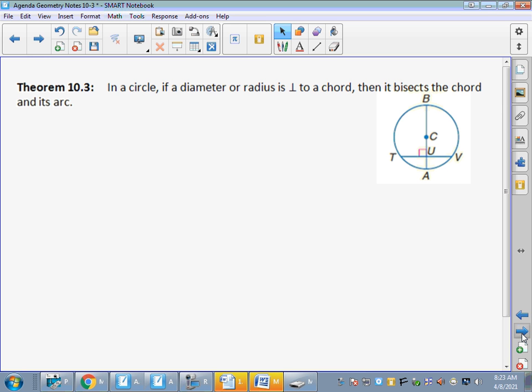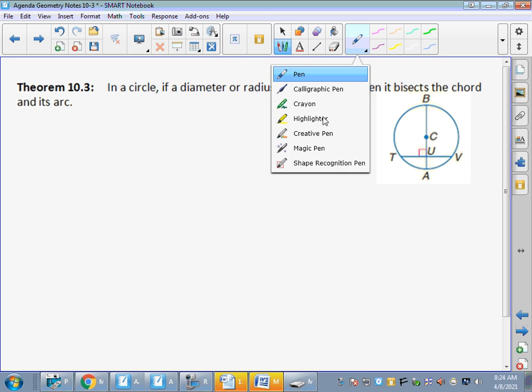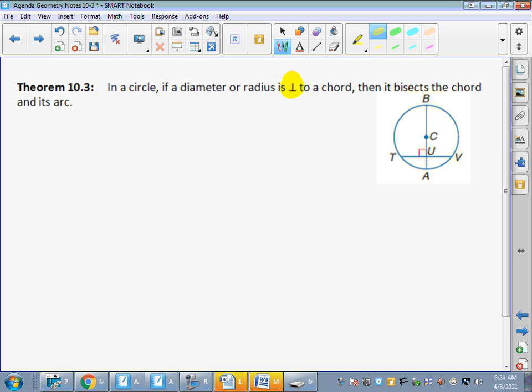Our second theorem: in a circle, if a diameter or a radius is perpendicular to a chord, then it bisects the chord and the arc. Everybody remembers the perpendicular symbol, which forms a 90-degree angle. So you can see in the diagram, I've got a right angle.